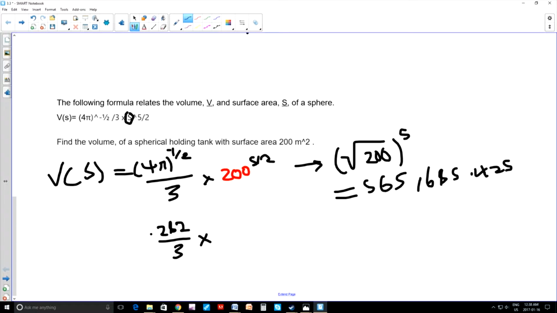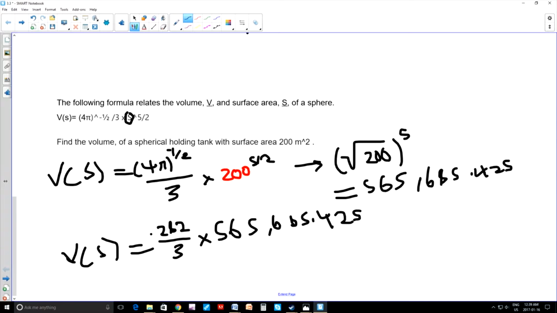Now, this entire thing becomes this, and this becomes this. So now your final clean equation will be V of S equals 0.282 divided by 3 times 565,685.425.